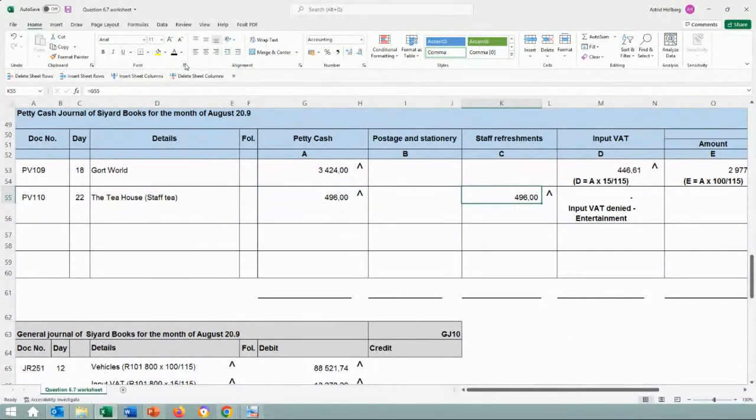So you would say the tea house, staff tea, and you would put in the full 496 under petty cash and the full amount under staff refreshments or staff entertainment if they give you that column. And no VAT will be claimable because input VAT is denied, as indicated here on the screen.